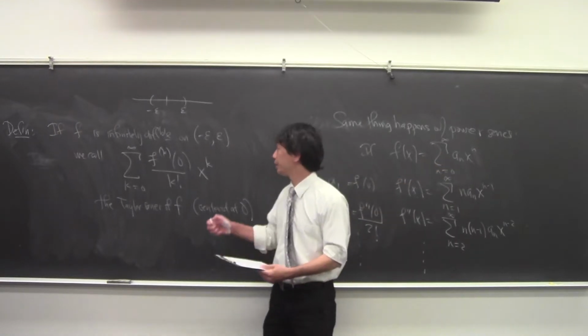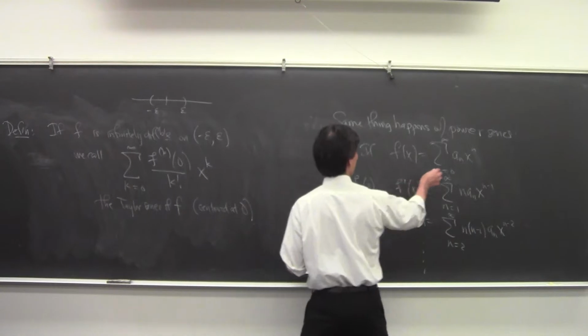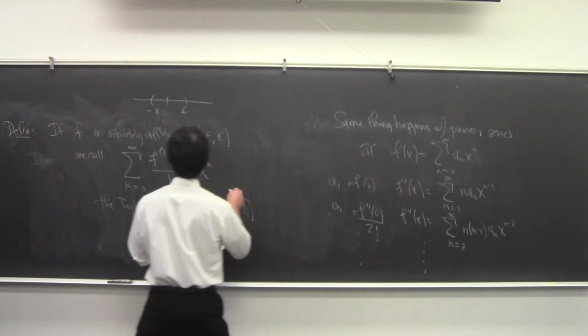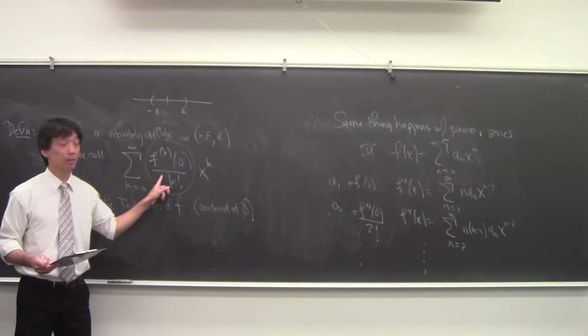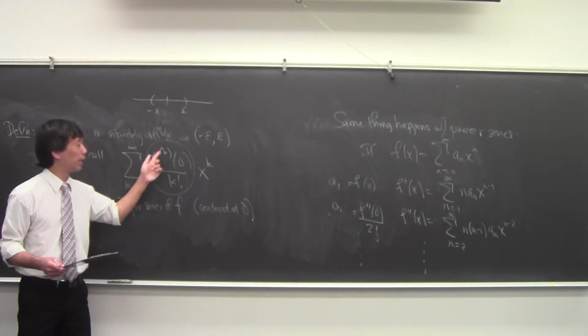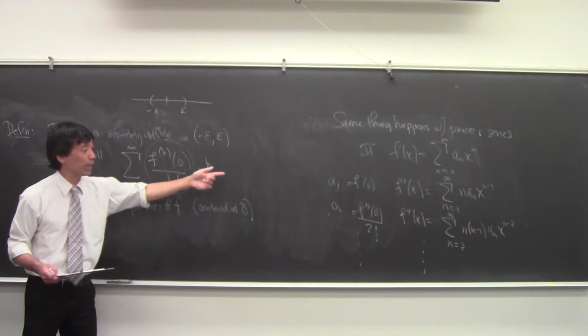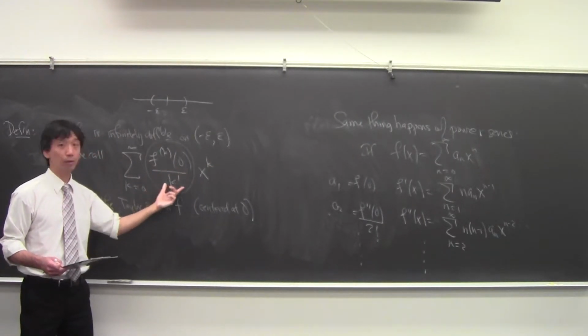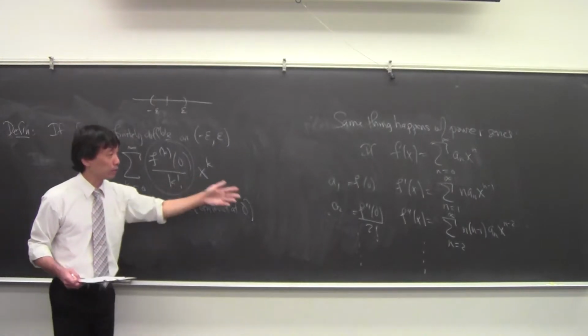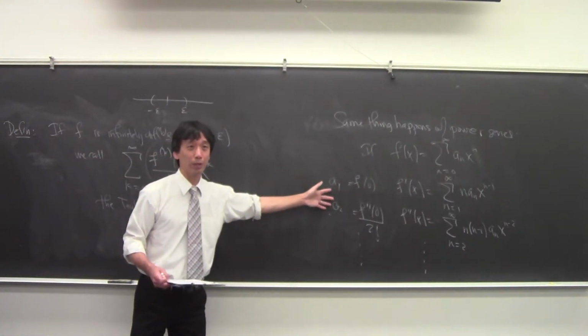The coefficients, these a sub k, are going to be the kth derivative evaluated at 0 over k factorial, because of what we did earlier.